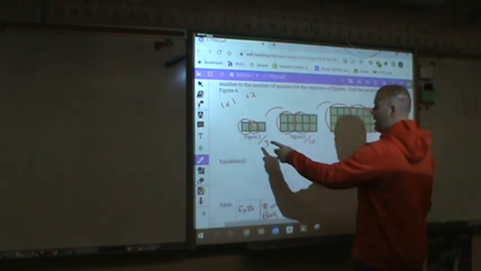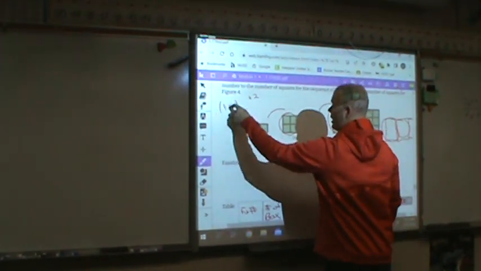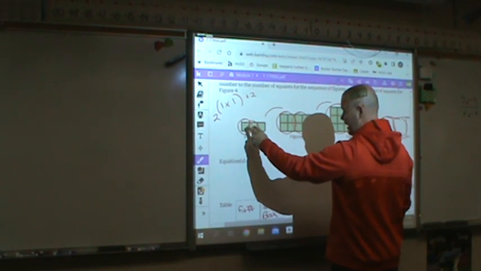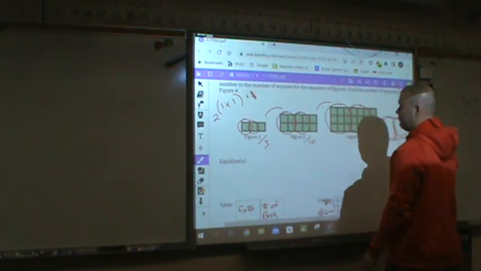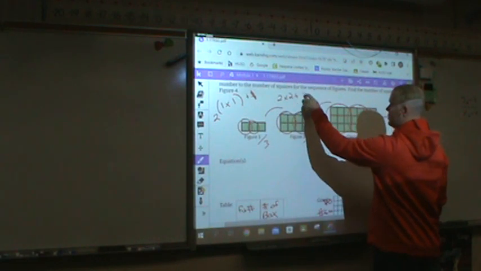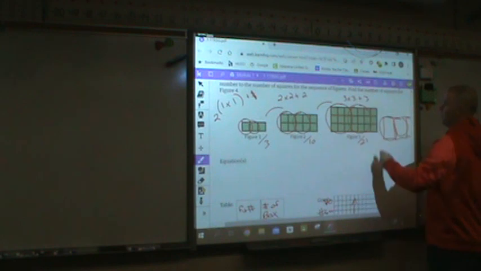Hey, that works. How do I find the area of one figure? The area of one figure is 1 by 1. I've got to double that area because I have 2 of them. I have 2 perfect squares, and it's plus 1. This is 2 by 2 plus 2. This is 3 by 3 plus 3.